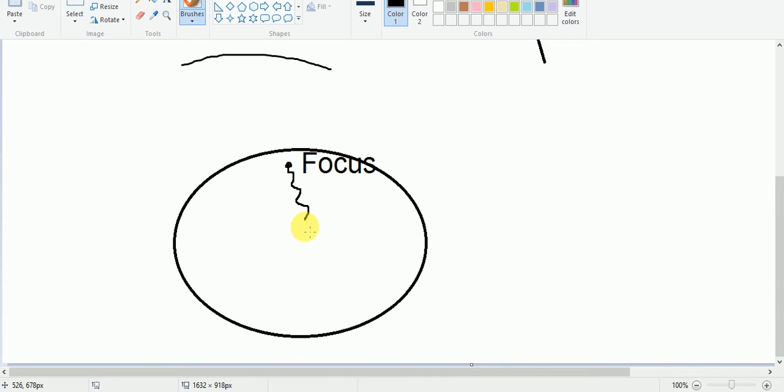Let us say this is a P wave or primary wave.